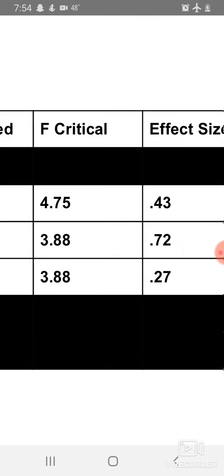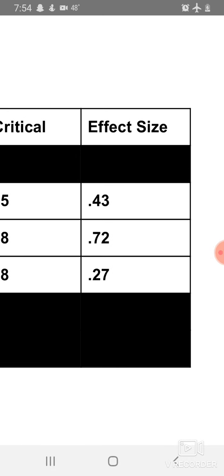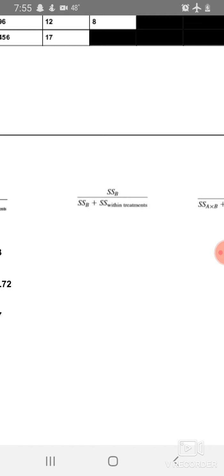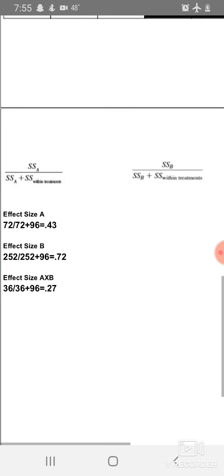The final step is you want to get all 3 effect sizes. You do that by using the formulas below. For factor A, you do SSA divided by SSA plus SS within. That is 72 divided by 72 plus 96 equals 0.43.